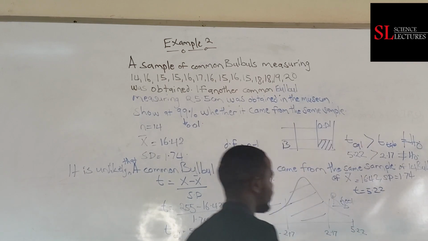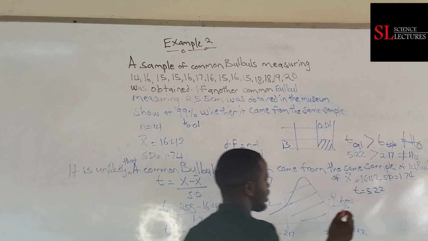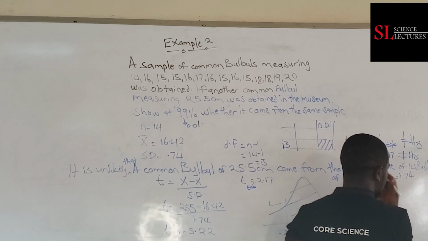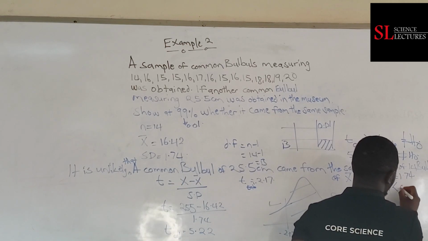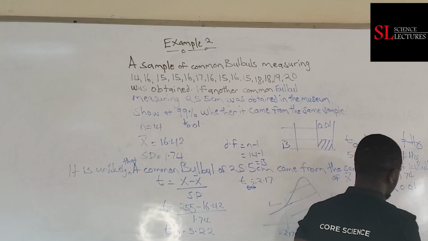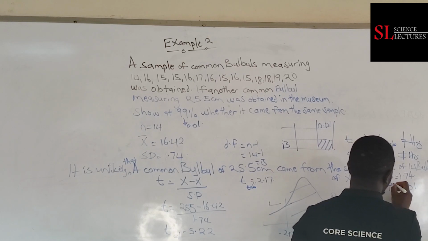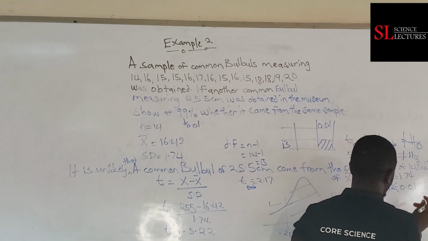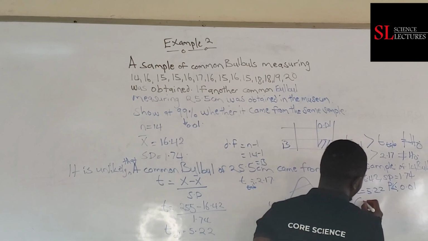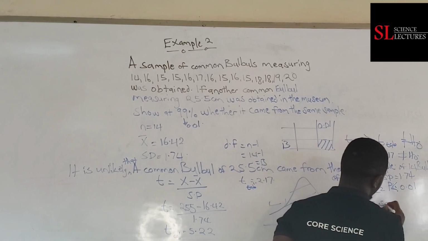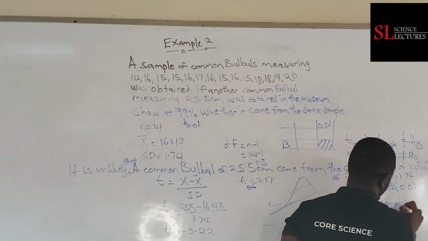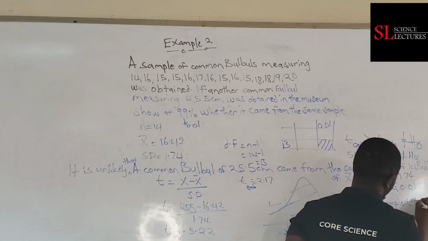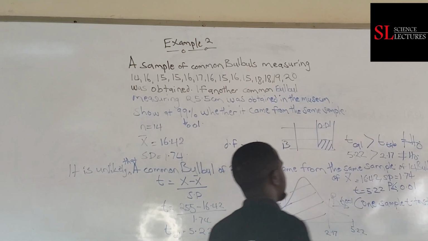Whenever I reject the null, that means your probability is less than the critical value. And we said the test uses a one sample t test.